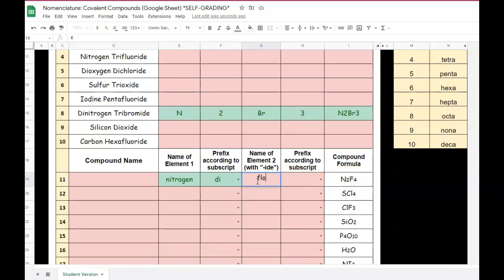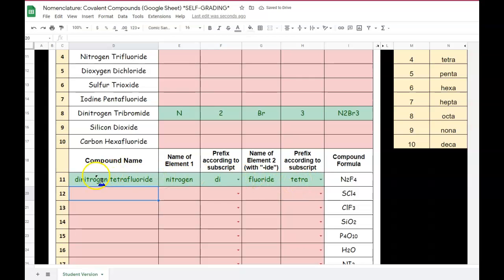So I get F, and then we have our -ide, so it's fluoride. The 4 we know is tetra. When we write the names, these prefixes go to the front. So therefore it'd be dinitrogen tetrafluoride.